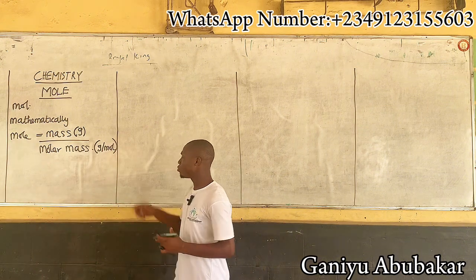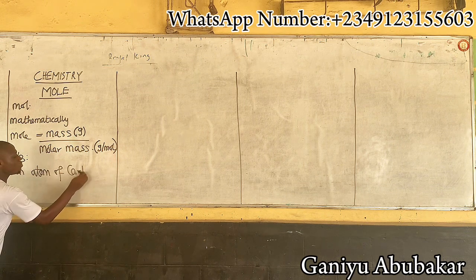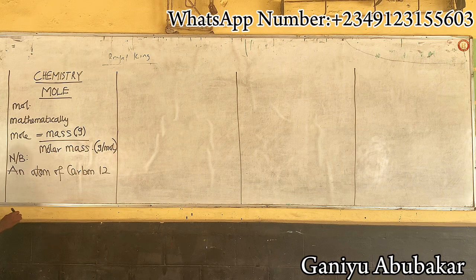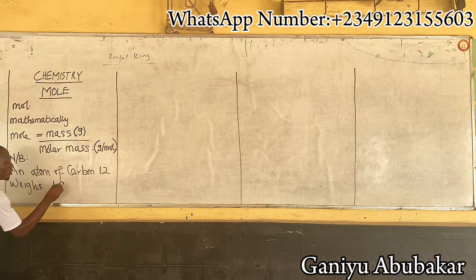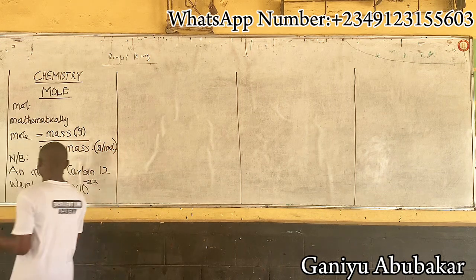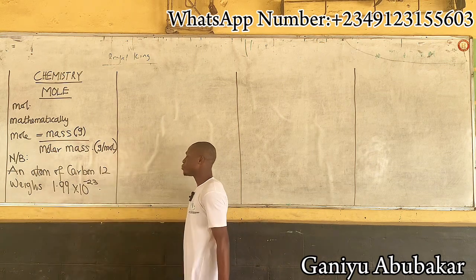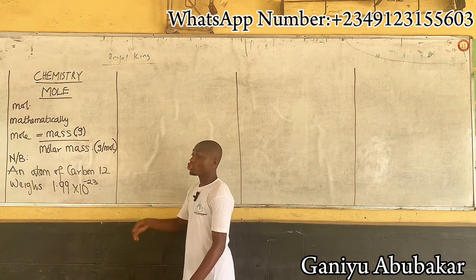At this point, please note that an atom of carbon 12 weighs 1.99 times 10 to power minus 23 grams.